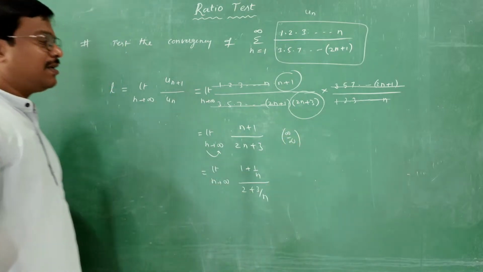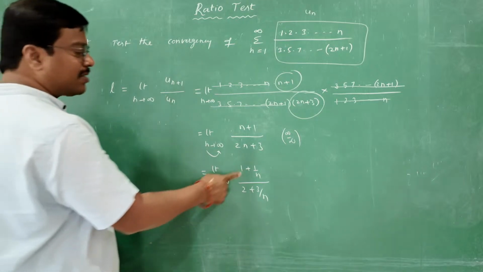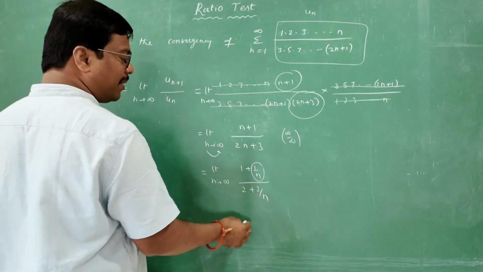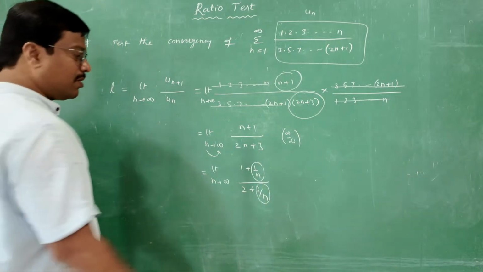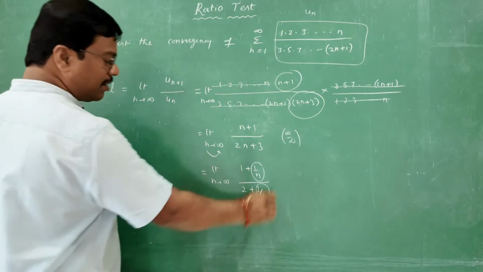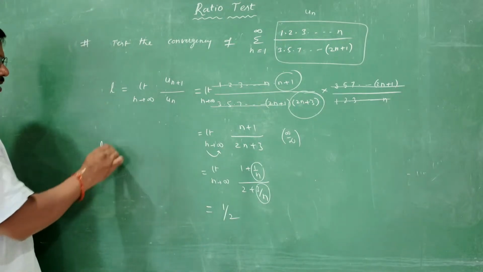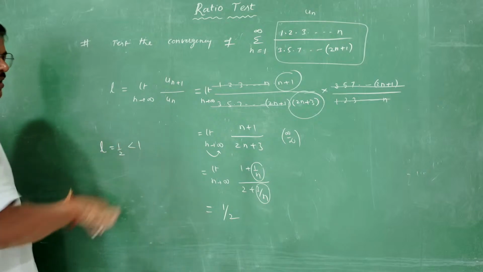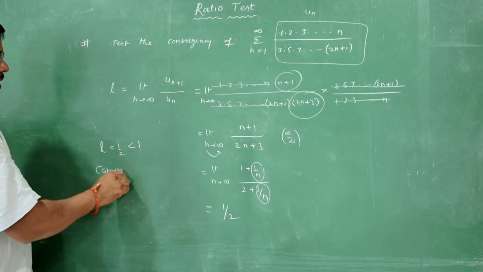So that I am going to divide each and every term with n. Now apply n tends to infinity. 1 by n become 1 by infinity becomes 0. 3 by n reduces to 3 by infinity becomes 0. Therefore, what we get? 1 by 2. So that limit value L, which is 1 by 2 less than 1, this also converges.